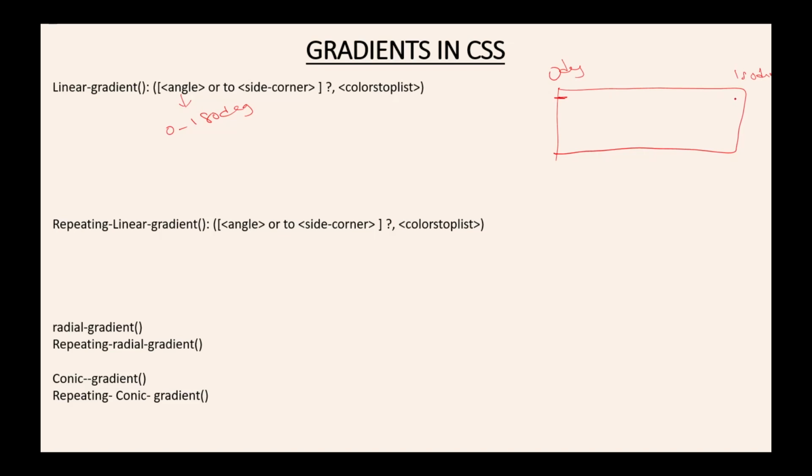Just observe, when we are using the side corner, what are the values of the side corner? In total we have left, right, center, and within the center, right top, left top, and center top.